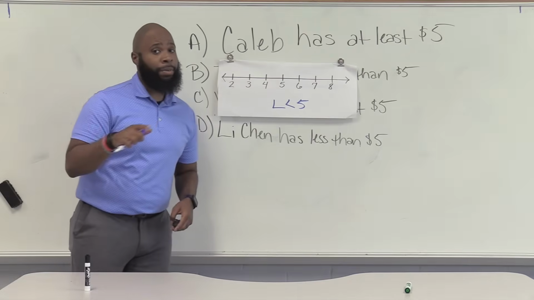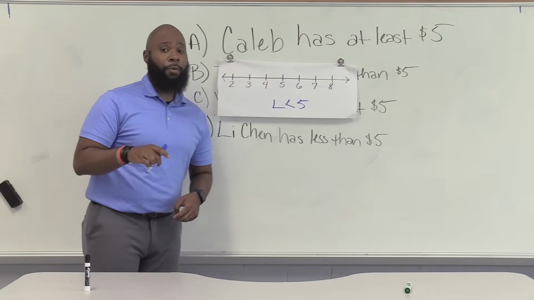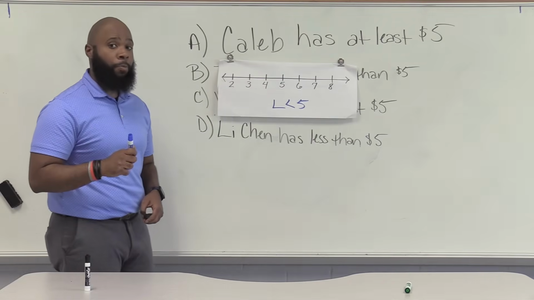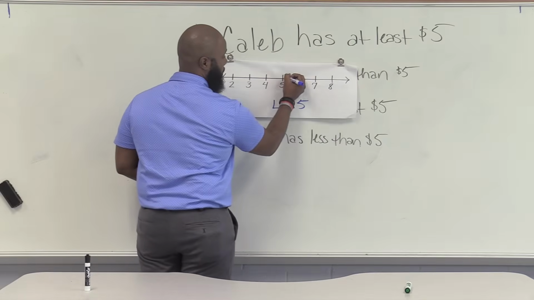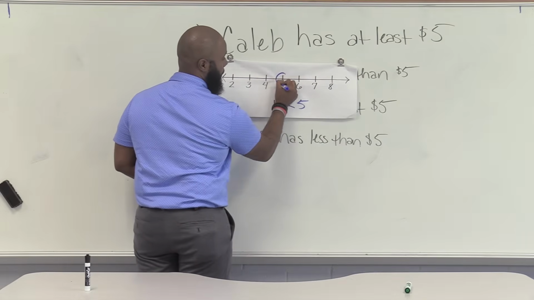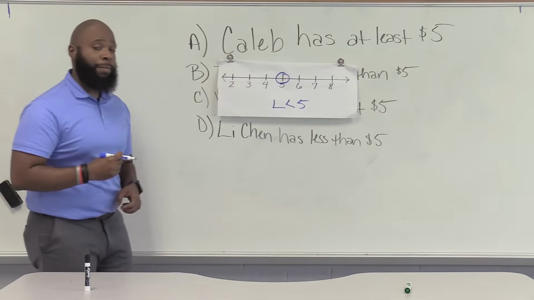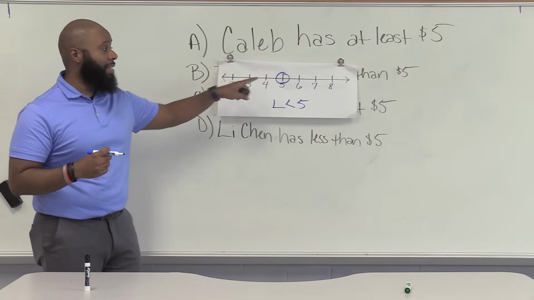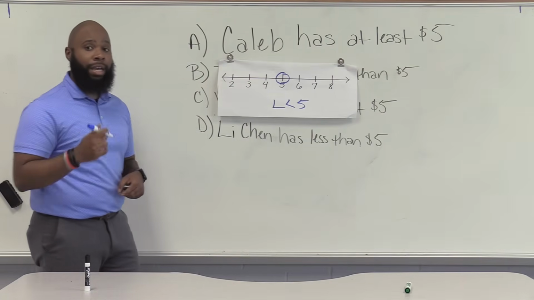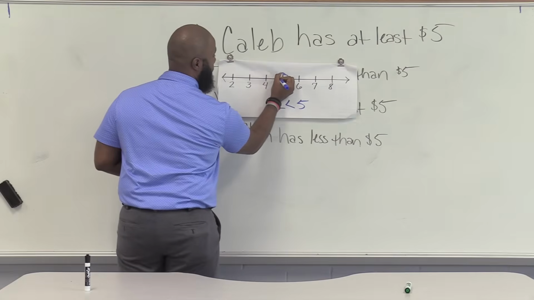Correct, they'll be similar, but they won't be exactly the same. So my circle on this graph will be open on the 5, because that's going to remind me that 5 is not included in my solutions. And then I'm going to do everything that's smaller than 5.